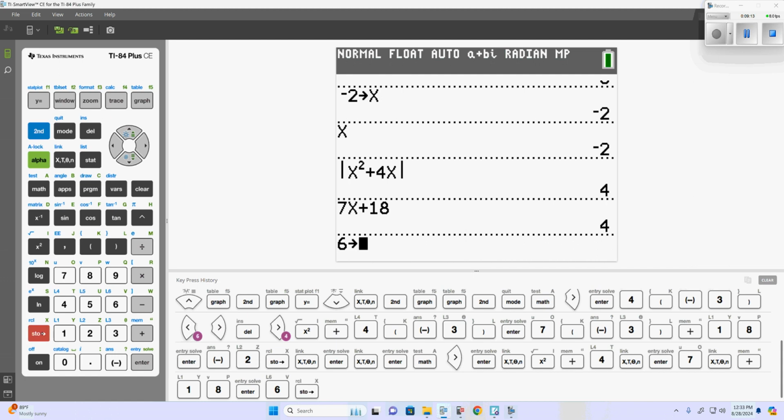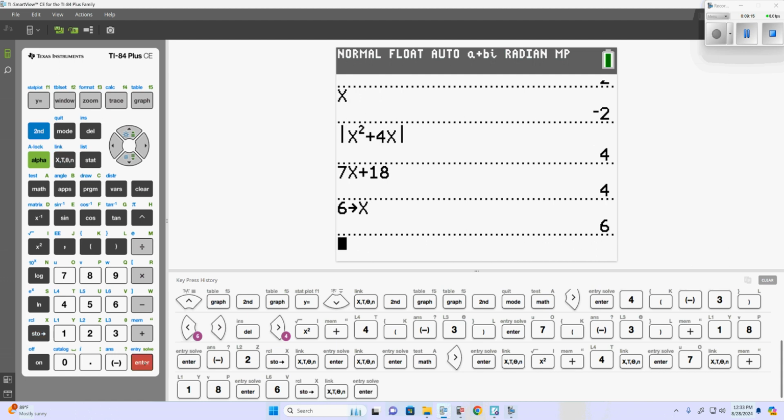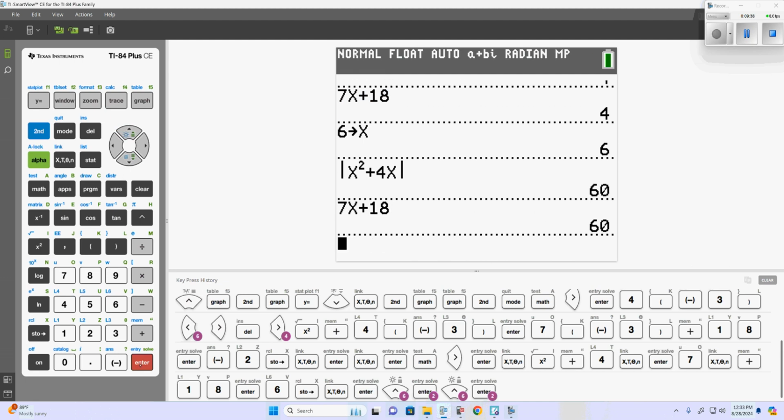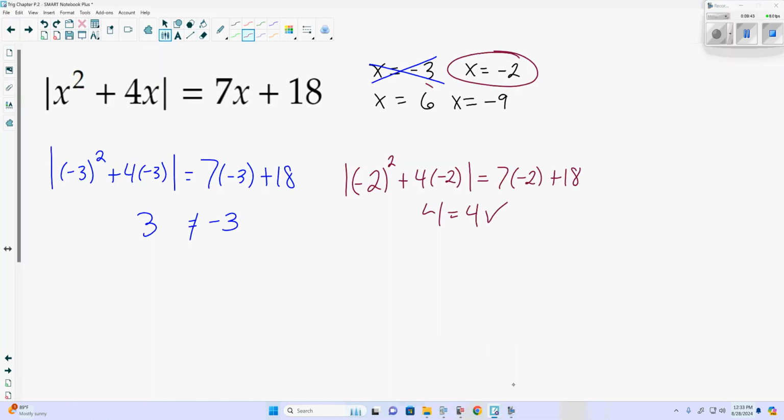6. Store X. Well, now the calculator recognizes X as 6. I can go up and highlight this and press enter. It brings it back down. I hit enter again. It tells us it is 60. Okay. So with 6, 60 equals 60, so that is a solution.